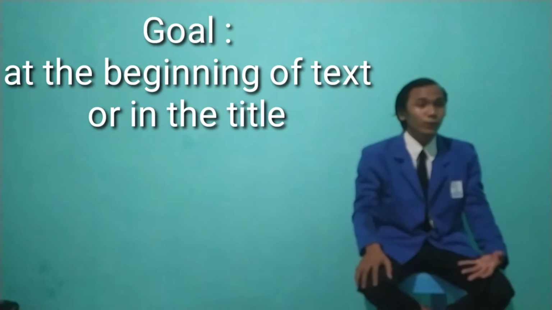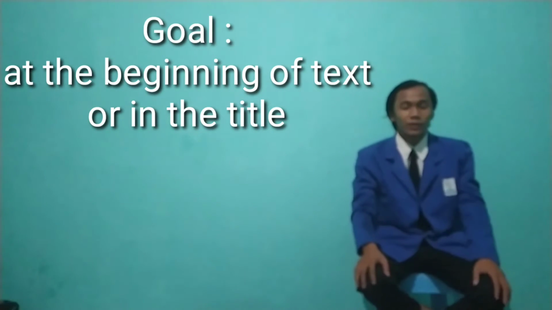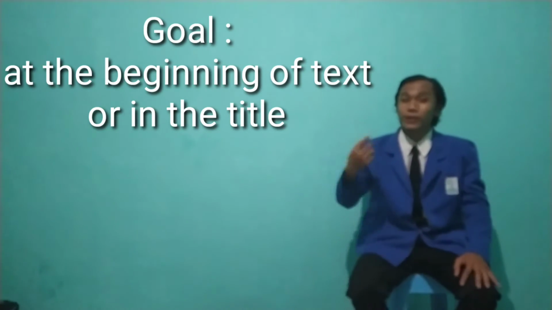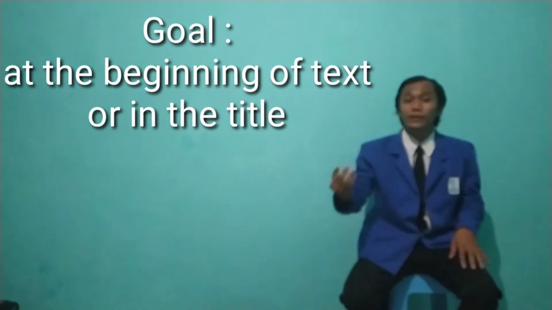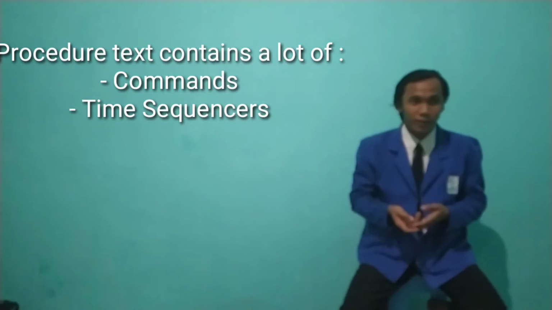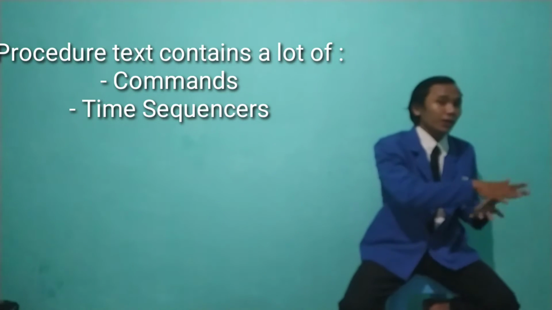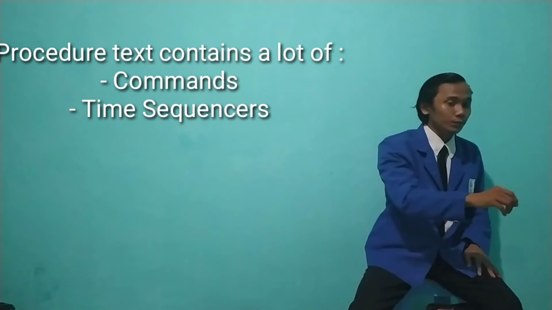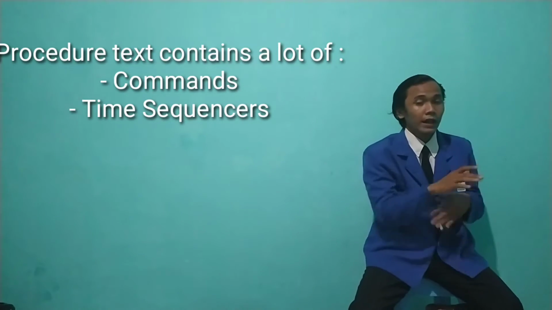And there is a goal in a procedural text. Usually the goal is mentioned in the beginning of the text or in the title. And then the procedural text contains a lot of commands such as push up, put off, put into, cut off, and so on.